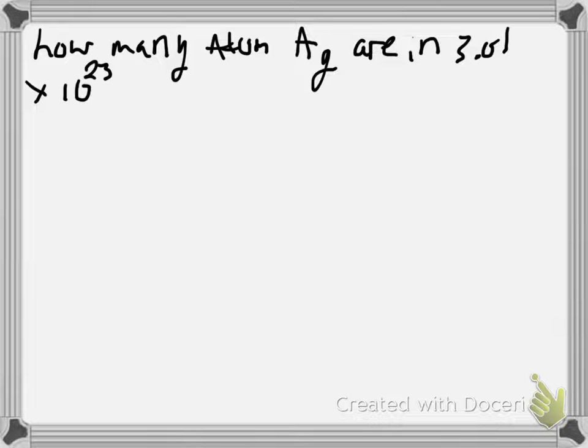Oh, it shouldn't say how many atoms. That's my bad. It should say how many moles. I read it wrong. Are in 3.01 times 10 to the 23rd atoms of silver.